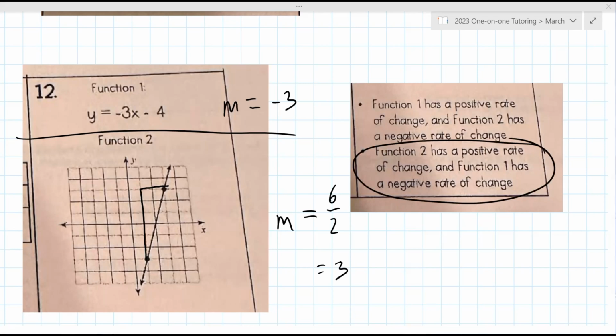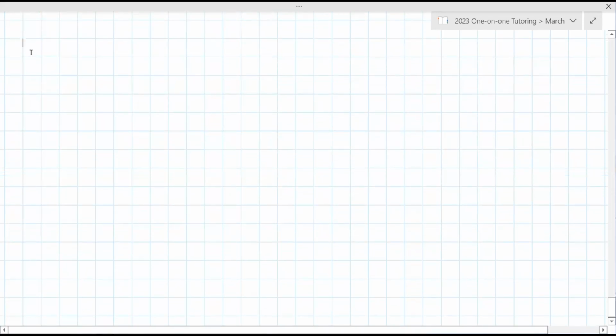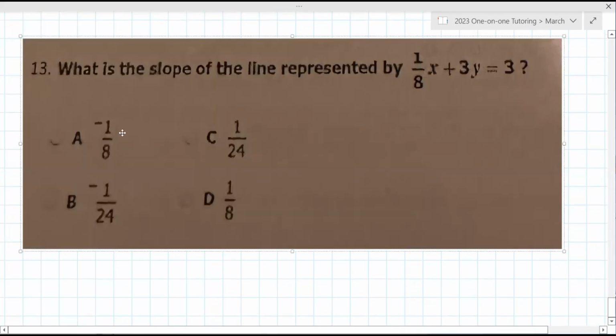All right. So number 13, kind of a standardized prep question that you might see. What is the slope of the line represented by 1/8 x plus 3y equals 3? So to do this, you probably want to solve for y.